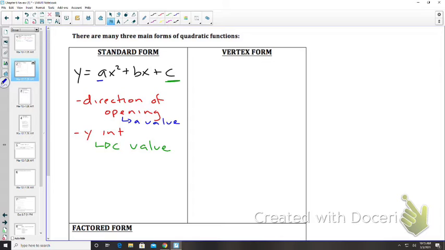Good. Next we have vertex form. So y is equal to a(x minus h) squared plus k. What do we know from this? We have an A, so the A value will tell us the direction of opening.